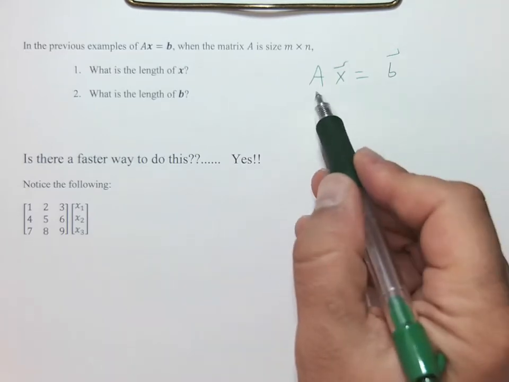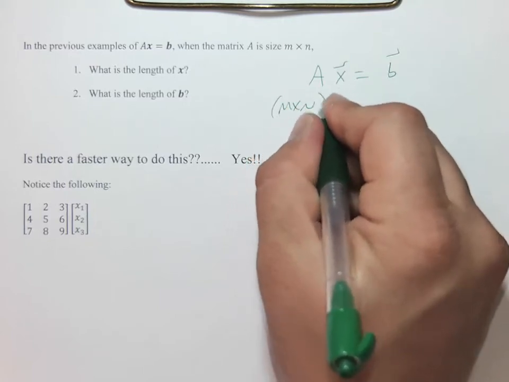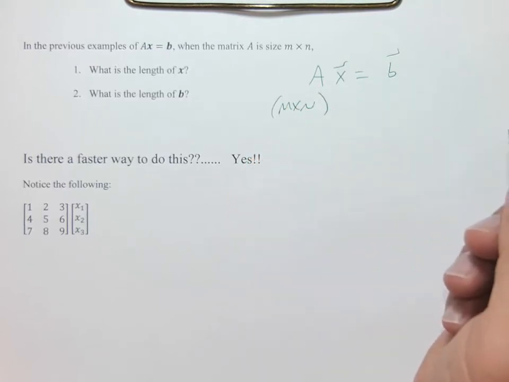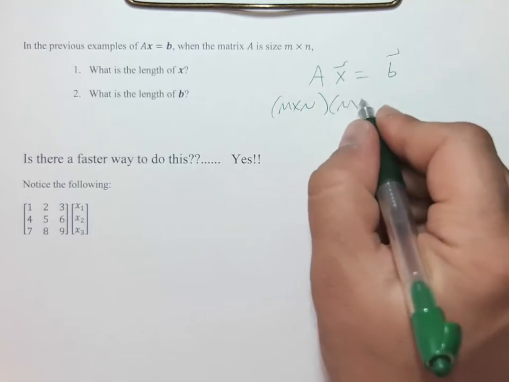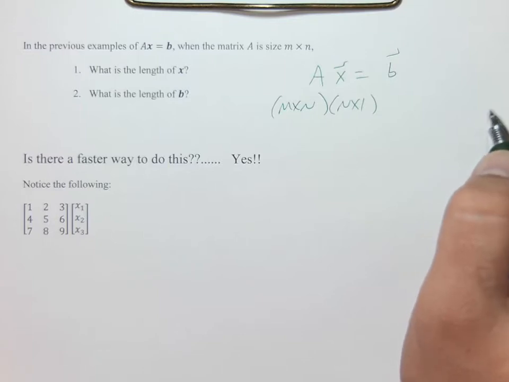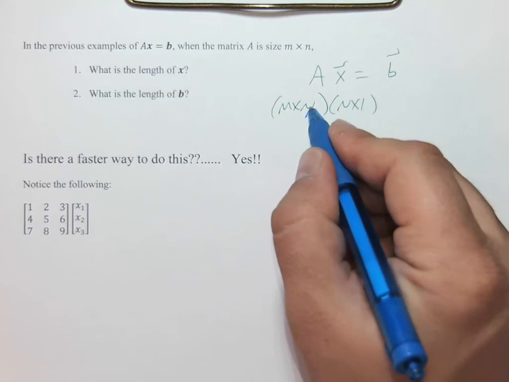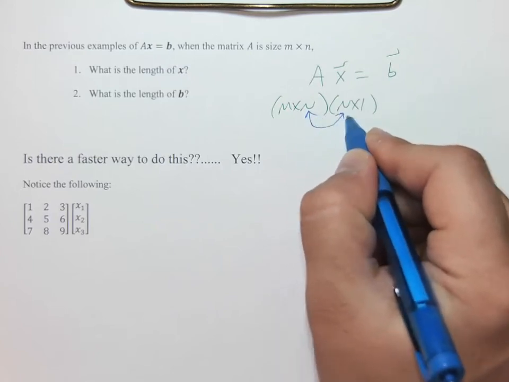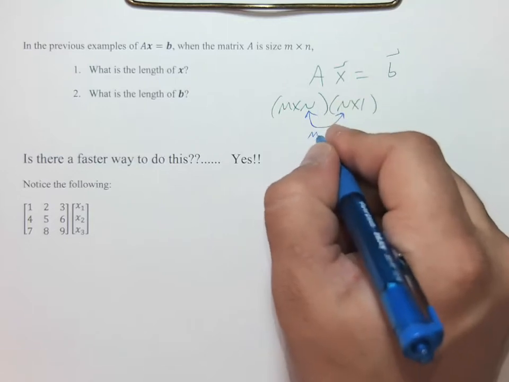When A is m by n, in each one of the situations, the vector x is going to be n by 1. In other words, what we said previously, the number of columns of A has to match the number of entries in x. Those have to match.